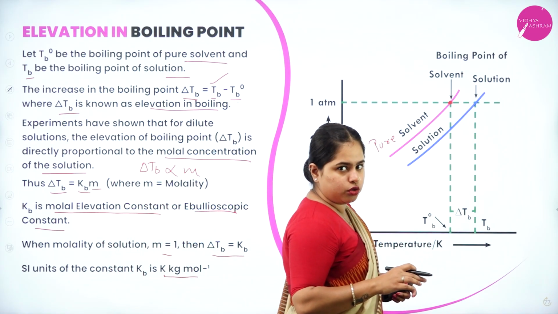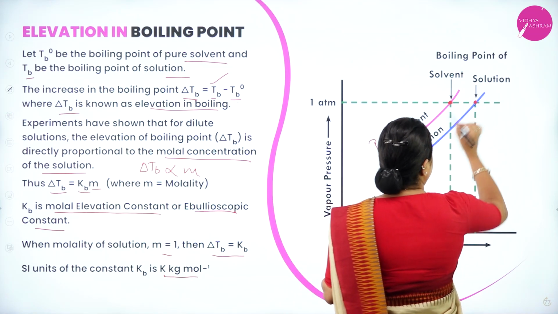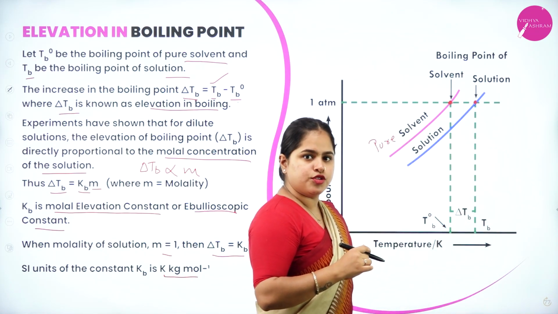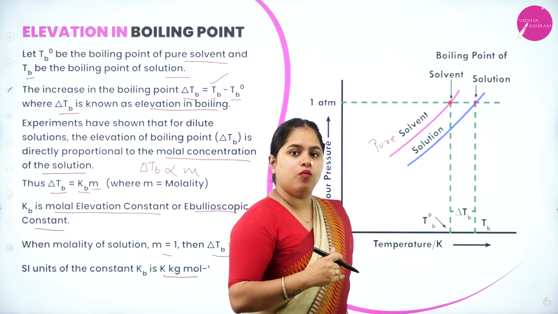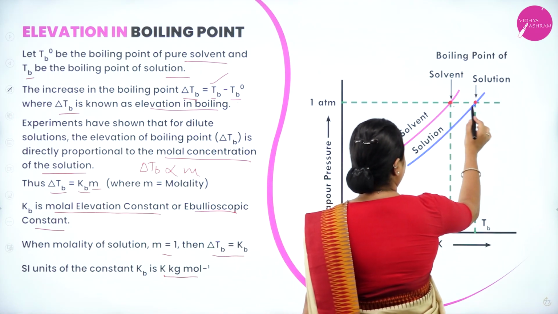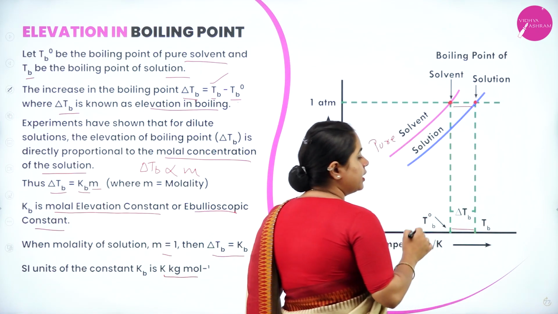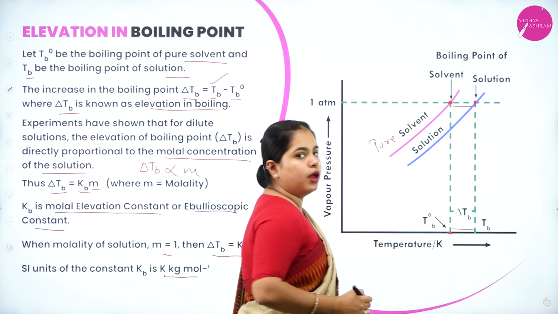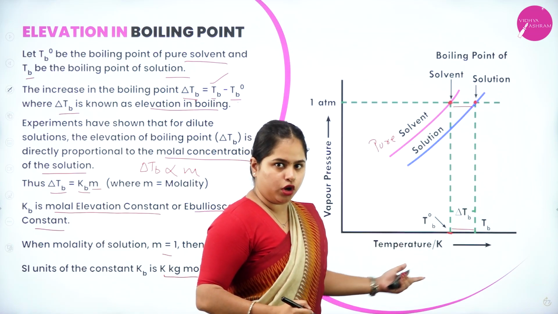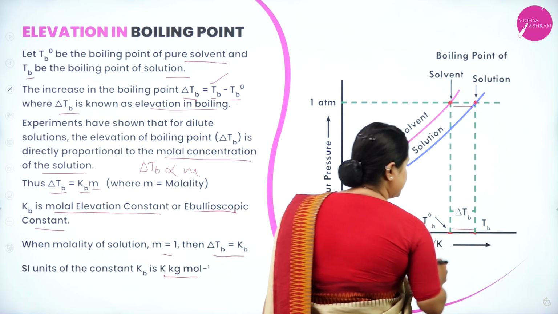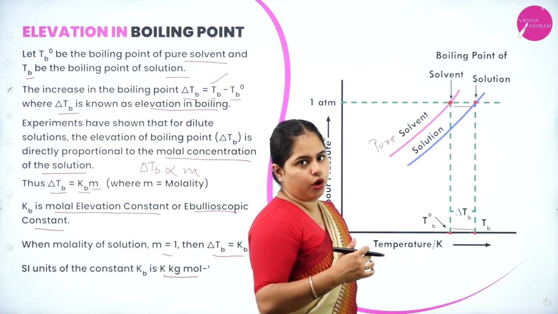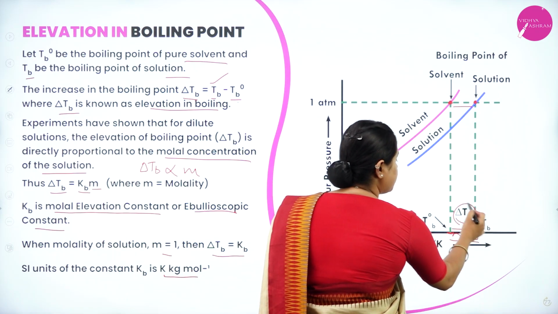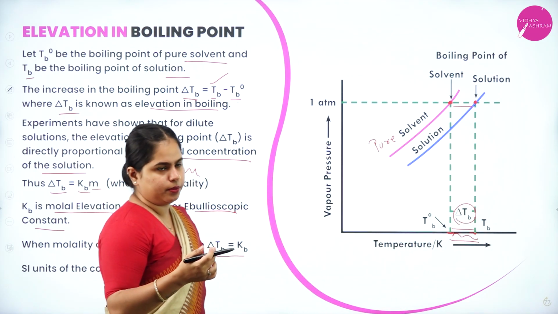Once the non-volatile solute is added, it shifts to this point, which is for the solution. So there is an increase in boiling point. This difference is your delta TB. This point in temperature is the boiling point of the pure solvent, and this point is the elevated boiling point of the solution. So this difference gives you the elevation in boiling point.